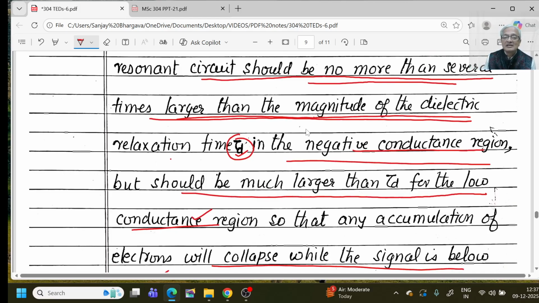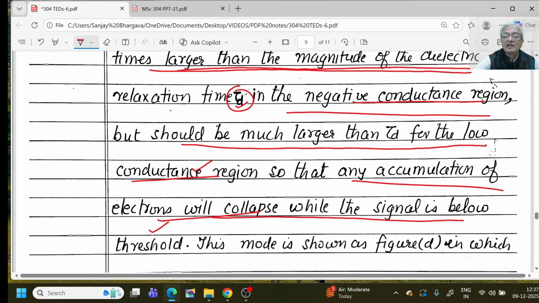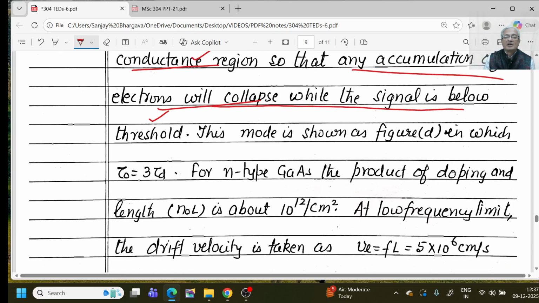Low conductance region के अंदर tau 0 must be very much greater than tau d, और negative conductance region के अंदर tau 0 should not be very much greater than tau d. ये हमें क्यों चाहिए? So that any accumulation of the electrons will collapse while the signal is below threshold. ताकि सिग्नल जब तक थ्रेशोल्ड के नीचे है तो वो इलेक्ट्रॉन वहीं पर कोलैप्स हो जाएंगे.